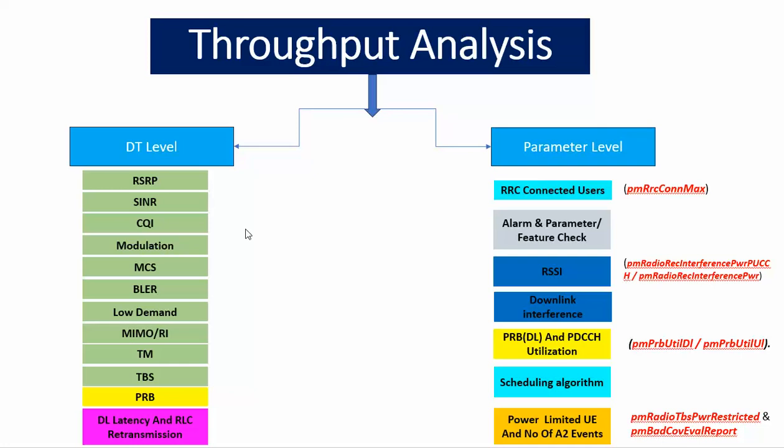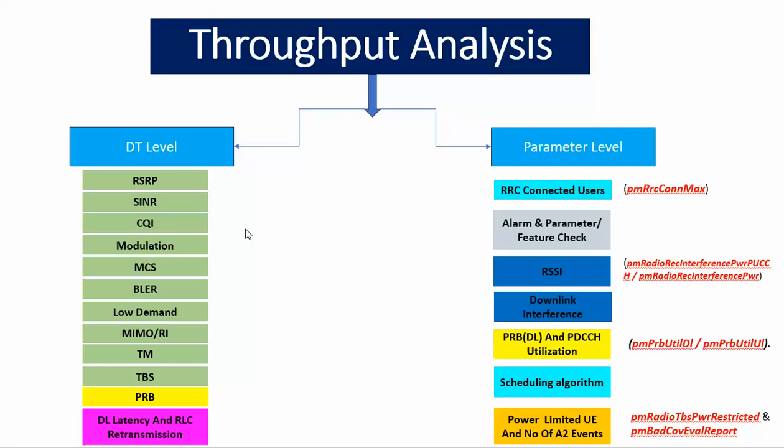If both SINR and CQI are good, then we also need to check the modulation you are getting, and also know what modulation is used by the NodeB. Suppose 256 QAM, 64 QAM.